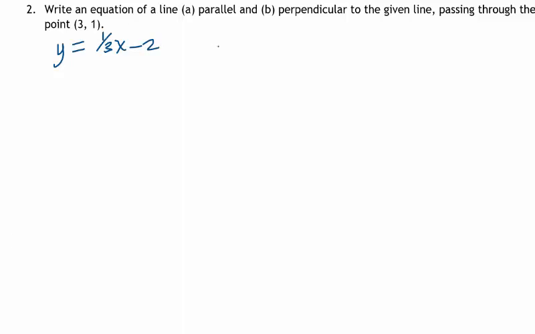So we write this slope down, and I'll call it m1. m1 is 1/3. In part A, to write the equation of the parallel line, the slope m2 of the second line is also going to be 1/3. But we have this point located at (3, 1) that we have to take into account.